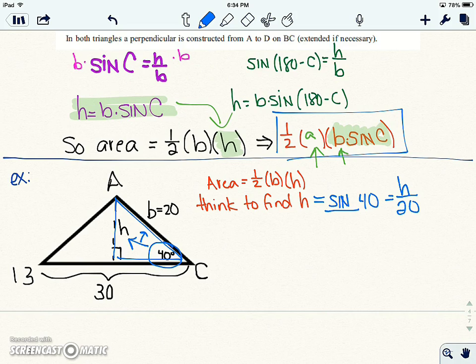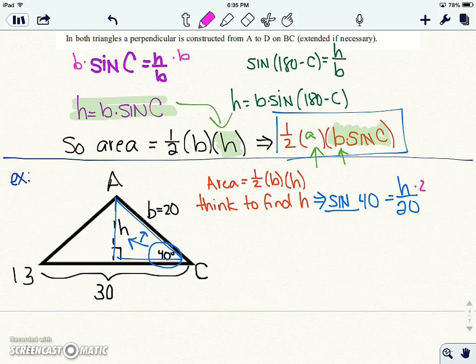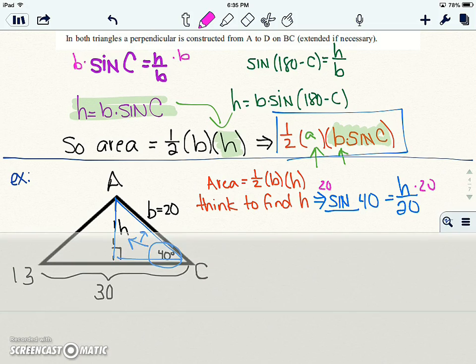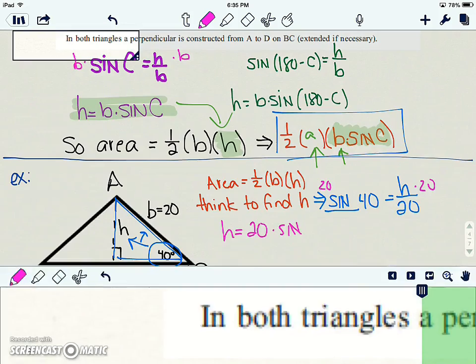And so again, go ahead and solve for this h. We're going to multiply both sides by 20, and we get that h equals 20 times the sine of 40.